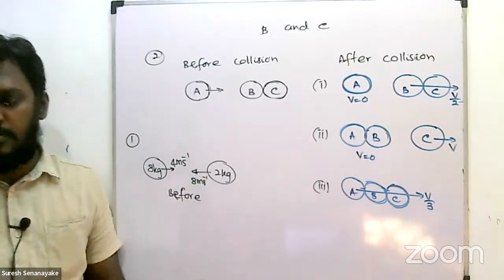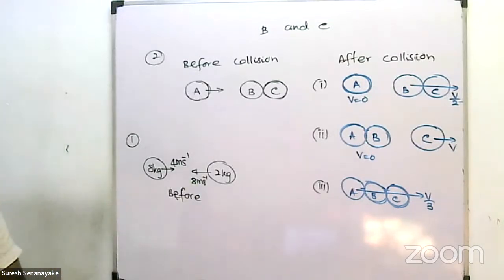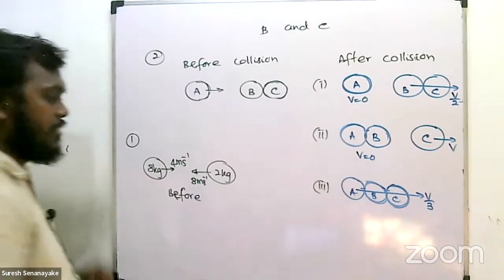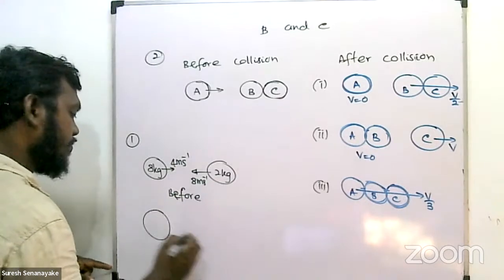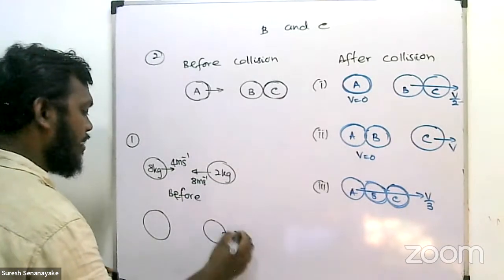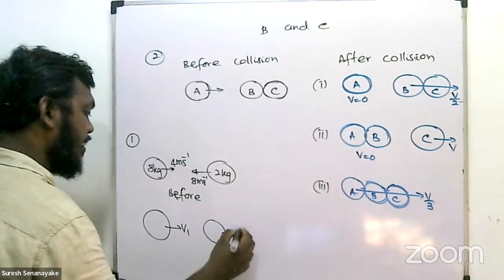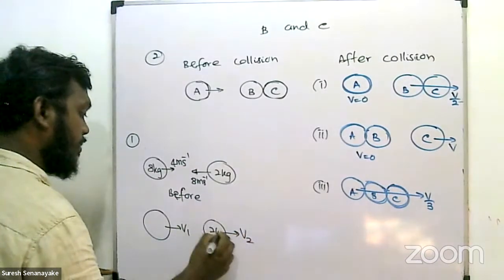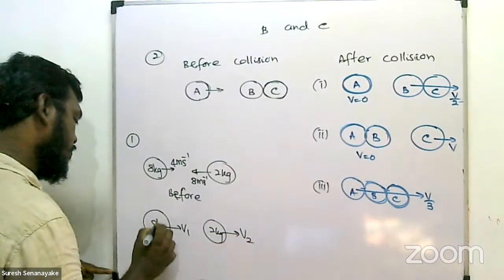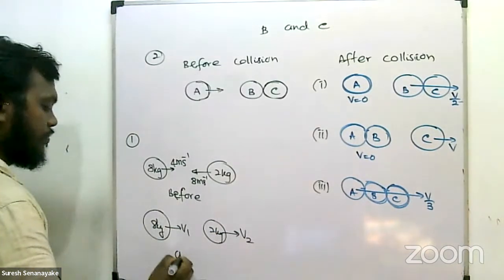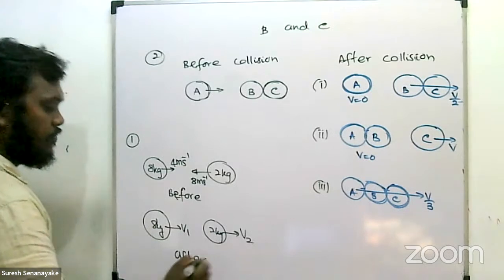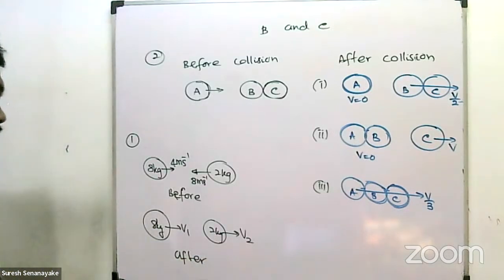Now after the collision, we're asked for the velocities. I'll consider that both are moving with v1 and v2 in the same direction.